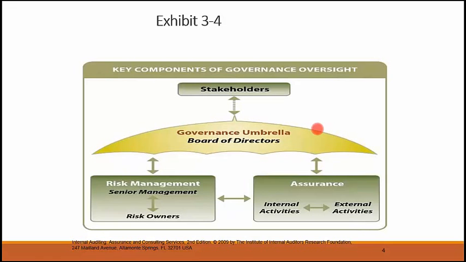which does create some problems, but that's beyond the scope of what we're looking at. In any event, the board of directors establishes the direction and the tone of the organization. As I had mentioned before, who reports to the board of directors? Well, the officers report to the board of directors in the sense that the board of directors appoints senior management.